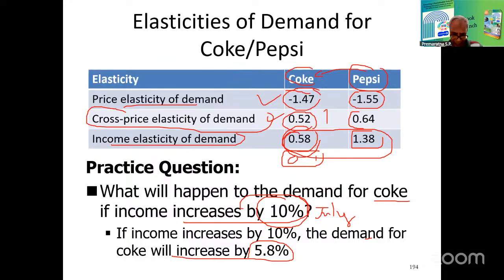Let's say you work with the treasury or central bank; with those estimations for each and every key good and service, it helps them take decisions on tax, subsidies and all that.